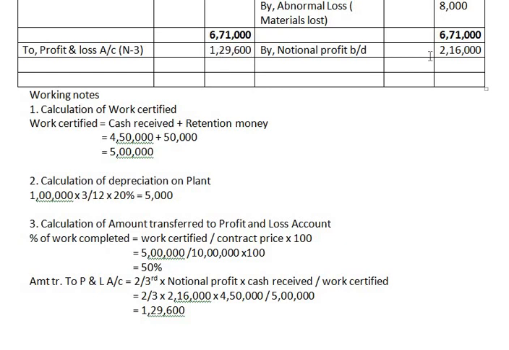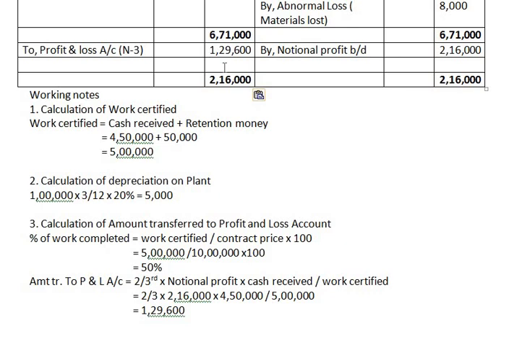Now again make a total, that is 2,16,000. Check how much is the balance remaining.